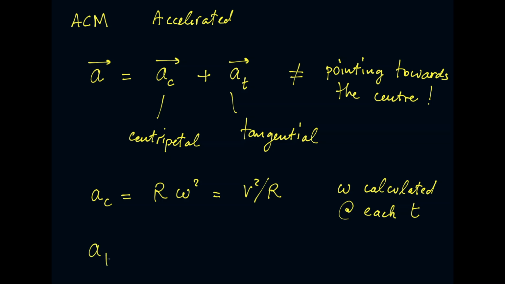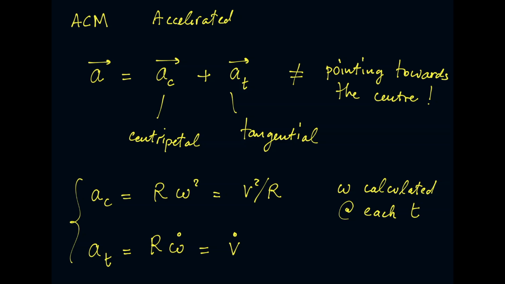And the tangential component is r omega dot, which is, by the way, just the change in speed. So if you're speeding up or slowing down along the circle, then not only will there be a centripetal acceleration component, but a tangential component as well.